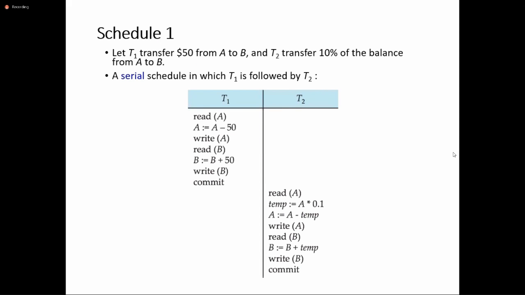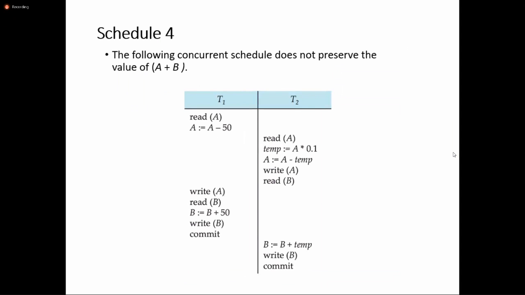Schedules 1 and 2 are serial schedules with different order of T1 and T2. We call such a schedule a serializable schedule.